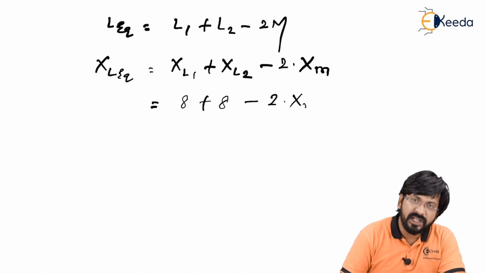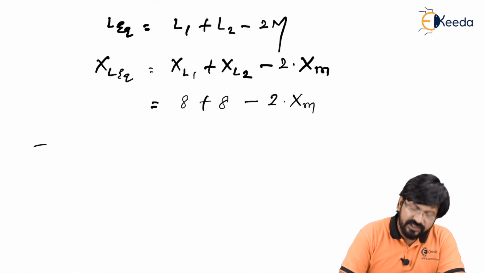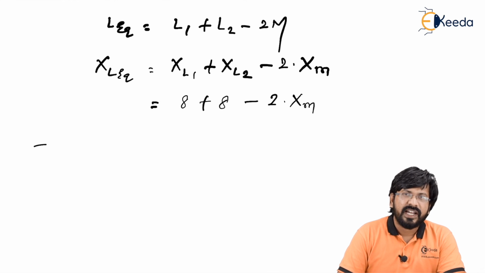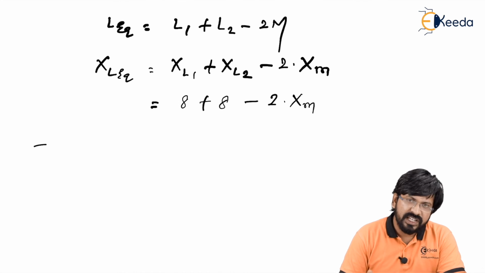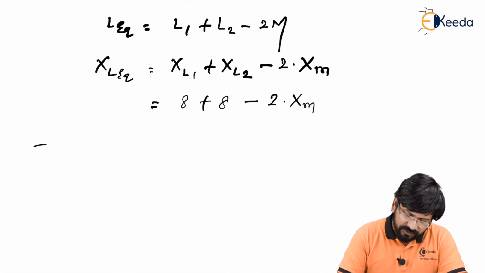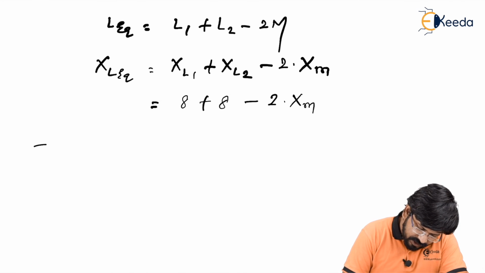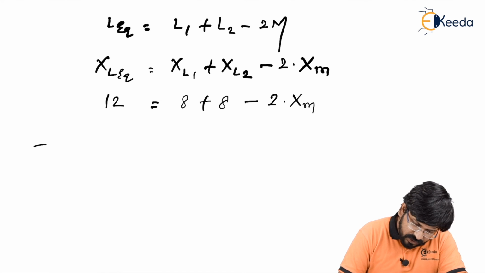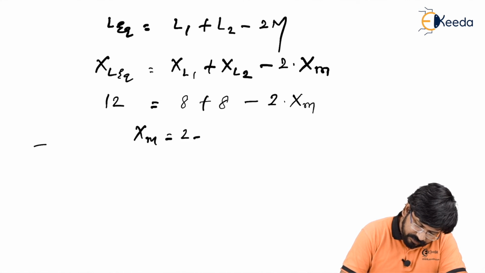This is not known to us, so I'll keep this as XM. We know that XL equal to XC should happen at resonance. At resonance, XC value is given as 12. It means XL equivalent should also become 12. If you solve this, you'll get the value of XM as 2 ohms.